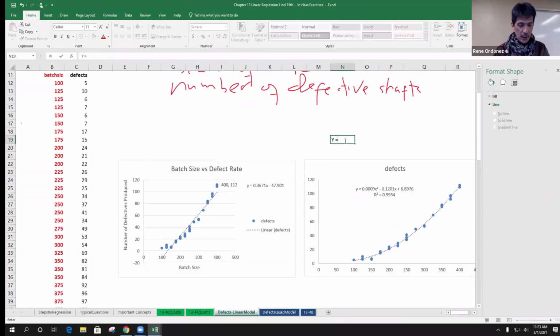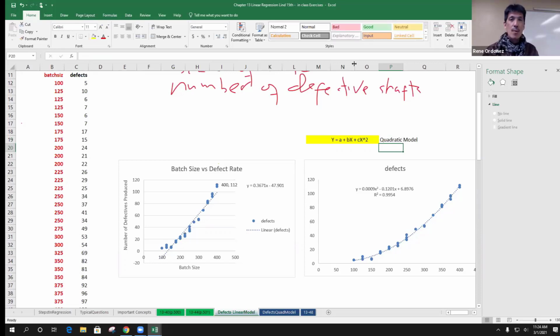Y is equal to A plus BX plus CX squared. You have probably seen this in your high school algebra. This is known as the quadratic model.